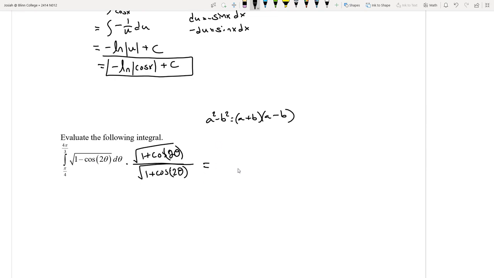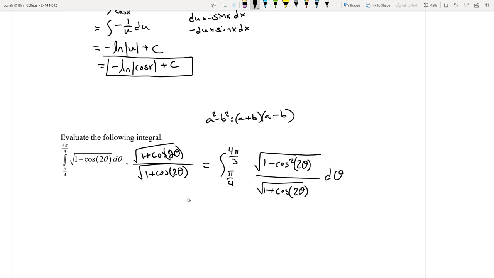And so that's the route that we're trying to go here. And so in the numerator, we get both of these guys under the square multiplied together, so 1 minus cosine squared of 2 theta. And the denominator will end up with root 1 plus cosine of 2 theta. In the numerator, 1 minus cosine squared, that's going to be sine squared.